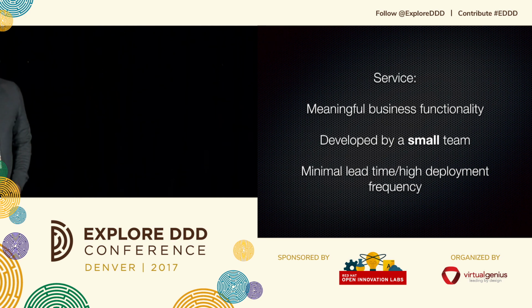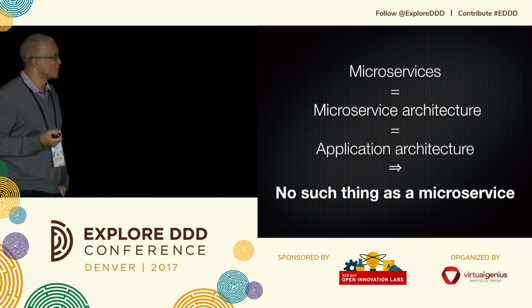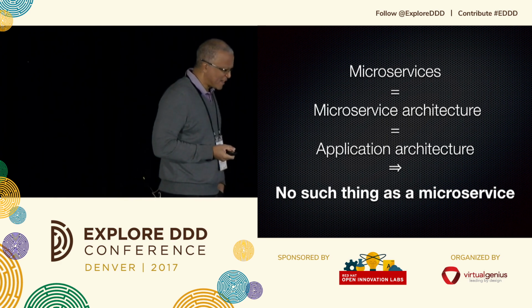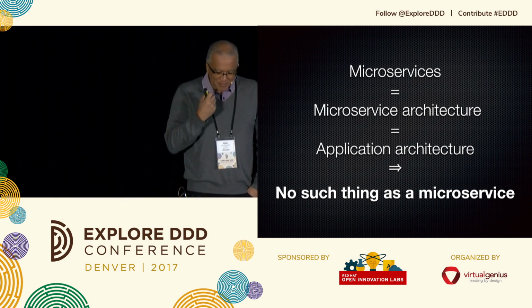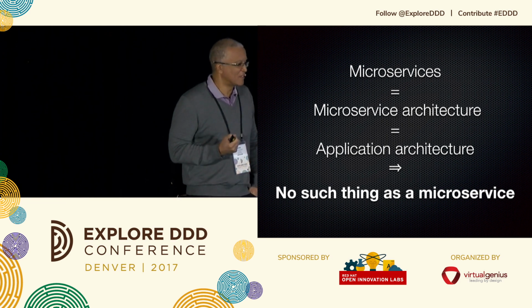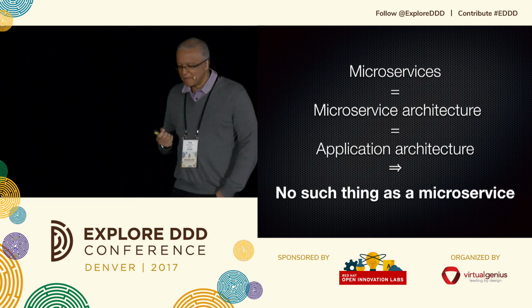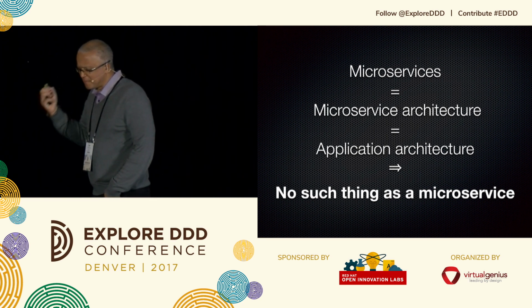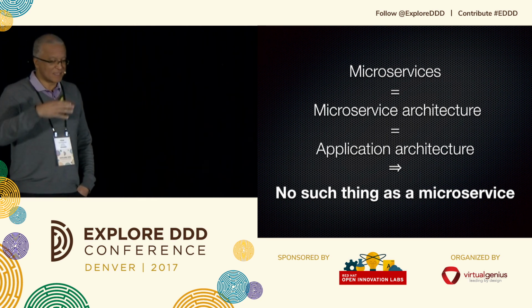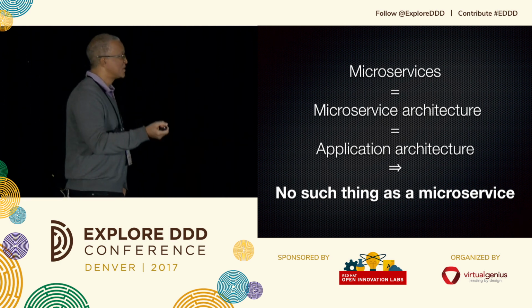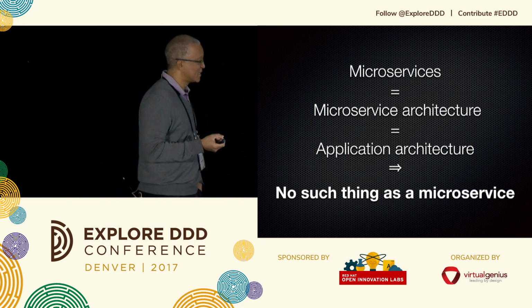So that then leads to the title of the talk, No Such Thing as a Microservice. And really, I keep hearing this. There was a period of time where everyone was saying, well, could I use a microservice for this, right? And really for me, the term microservices is a linguistic shorthand for the microservice architecture, which is an application architecture.